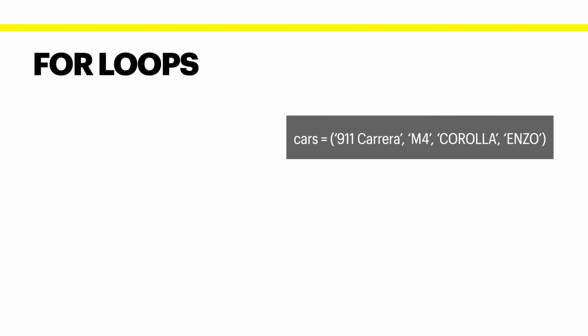Let us understand this with an example. We are considering the same previous tuple called cars, and this cars tuple stores the names of some of the cars. However, to access these elements and their indices, we cannot use normal for loops. Thus, we need to use the special enumerate function in this case.